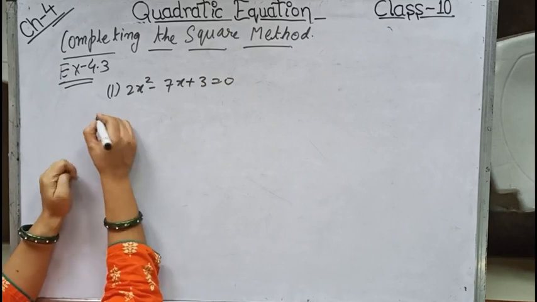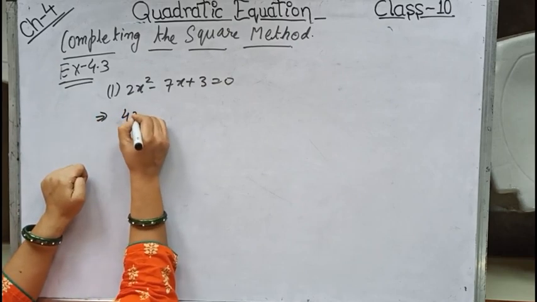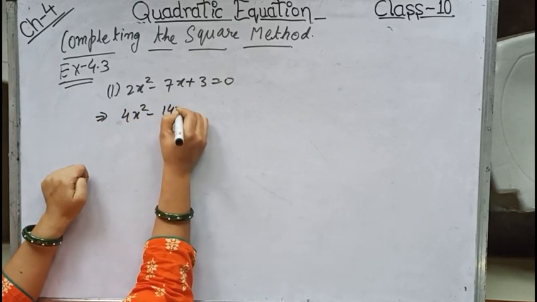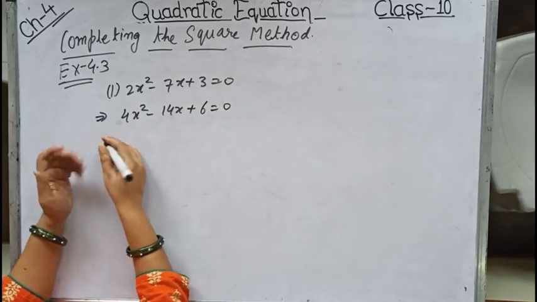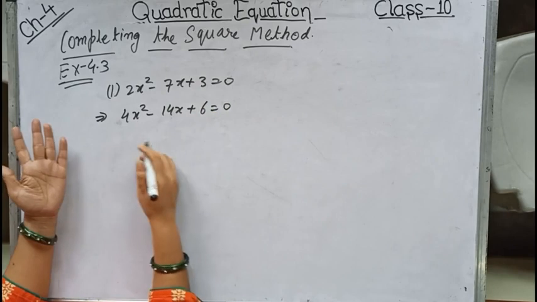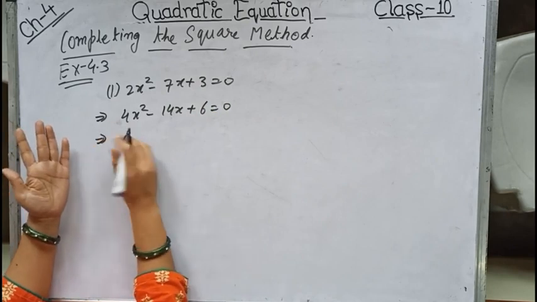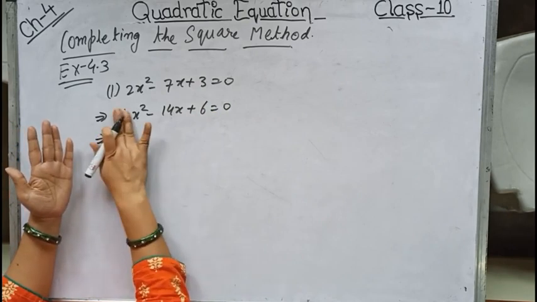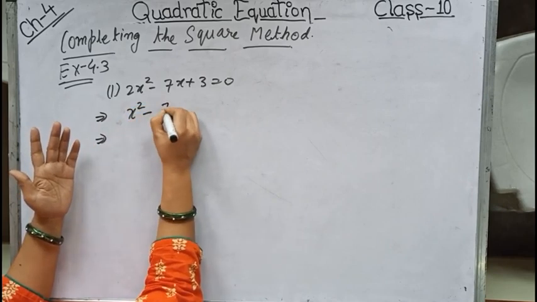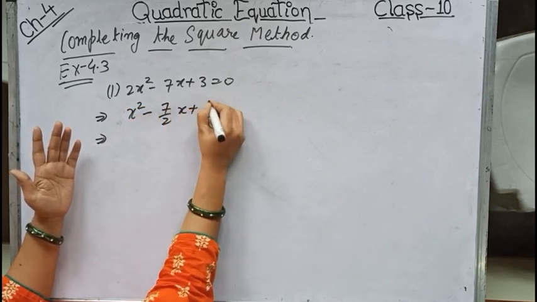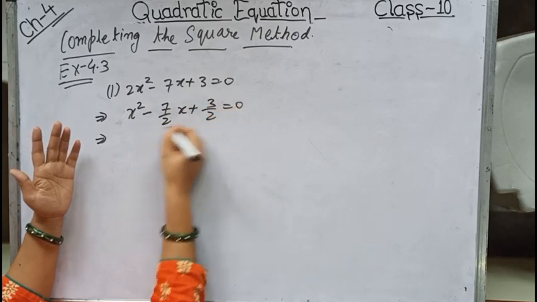I am multiplying. So this implies 4x square minus 14x plus 6 equals 0. By dividing also, children, you can do. I am doing by dividing also. Any method you can do, children. x square minus 7 by 2x plus 3 by 2 equals 0.